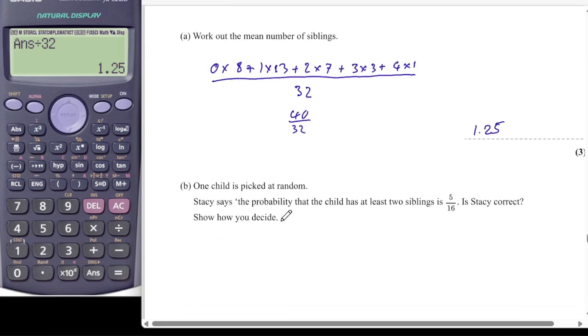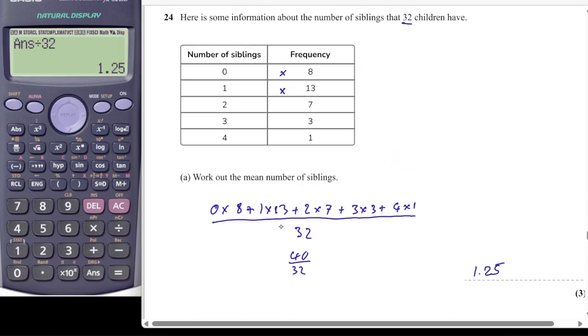Right, part B. One student is picked at random. Stacey says the probability that the child has at least 2 siblings is 5/16. Is Stacey correct? Well, if we say that we're looking at out of 32, the probability that the child has at least 2 siblings. So which of these have at least 2 siblings? That's that group there.